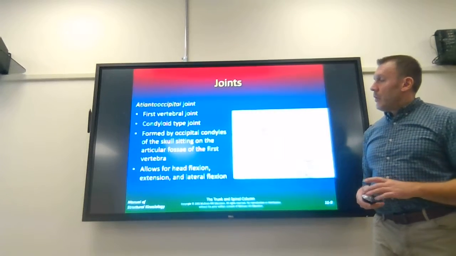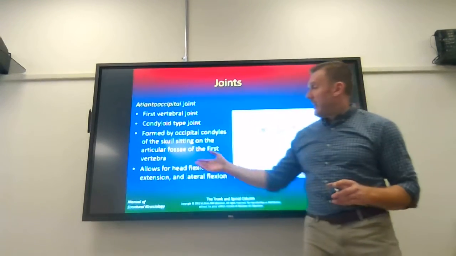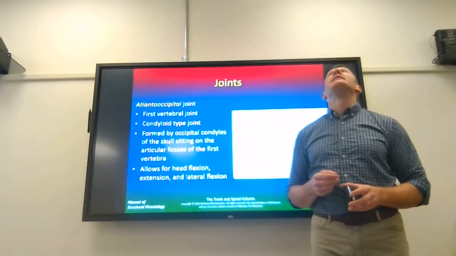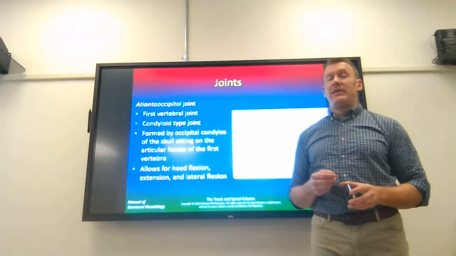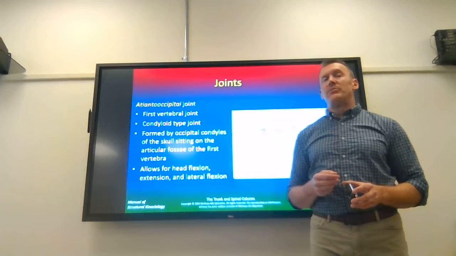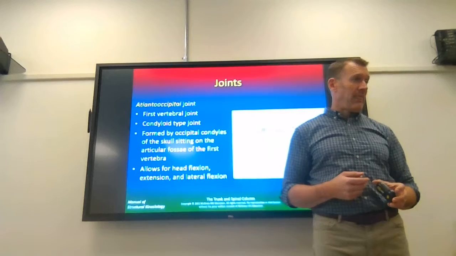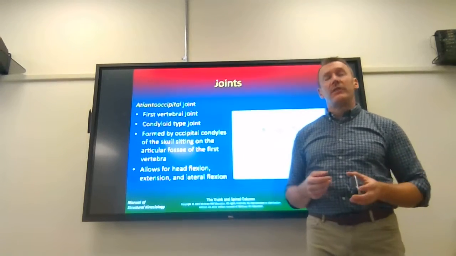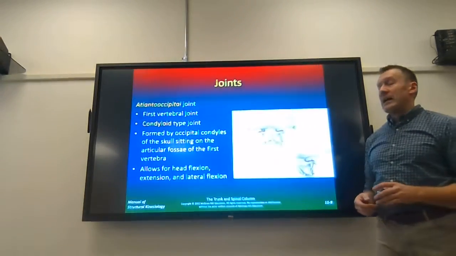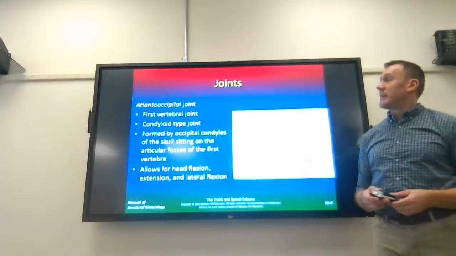So what we get is flexion of the head and extension of the head. That's sagittal, right? But we also get lateral flexion. What plane would lateral flexion be? Yeah, frontal plane movement. So those frontal and sagittal actions happen at the atlanto-occipital joint.